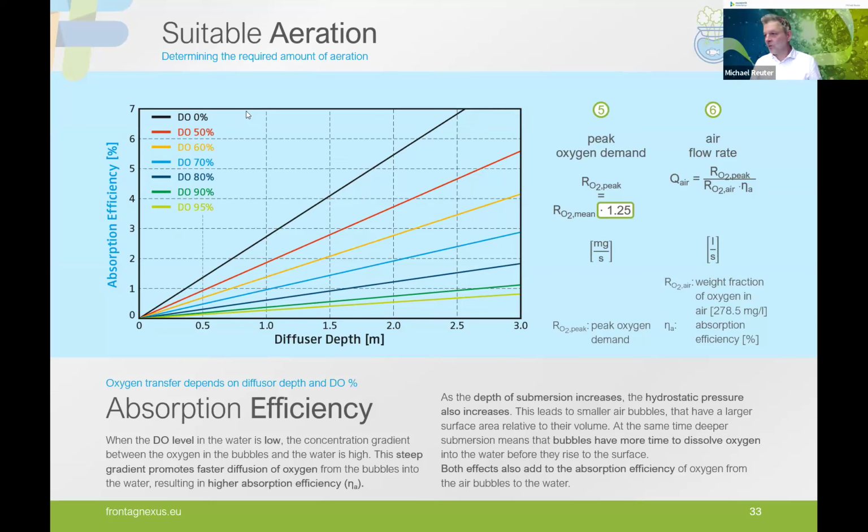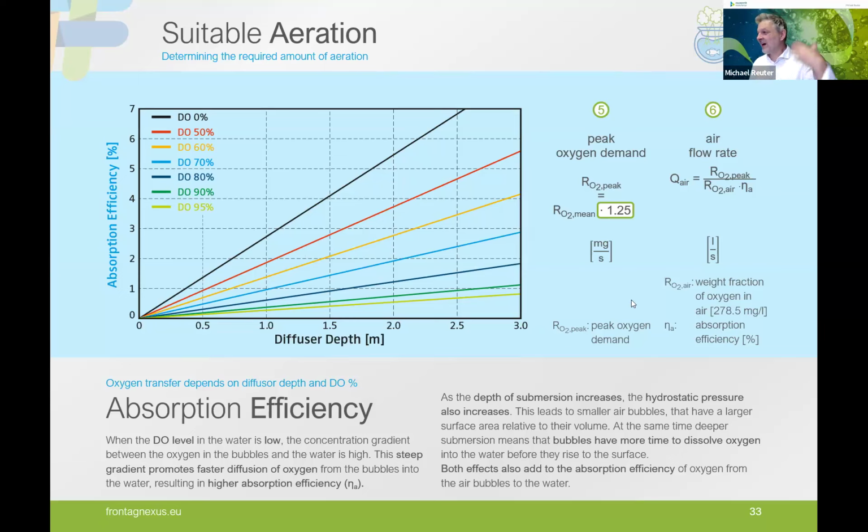If we know our water should have a dissolved oxygen content of 50% for the well-being of our fish, we will look at this graph, the red one here, for example. Our diffuser has a depth of about 1 meter. Then we would have an absorption efficiency of only 1.8%. So only 1.8% of the oxygen in the air will get into the water. That's not very much, but that's why aeration is so inefficient.